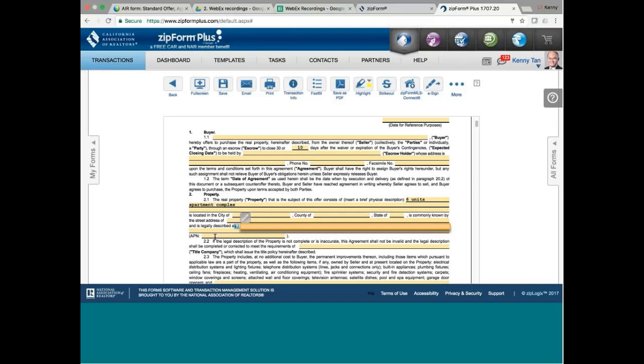If you are with CRMLS, it is called Real List Tax. If you are with MLS Listings, it is called Real List Tax 2. And if you are Bay East, I think it might be called Real List Tax 2 as well, or maybe some other name, but it has the same database. So if you punch in the street address, it gives you the APN number. Okay?